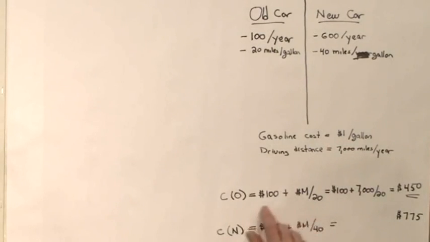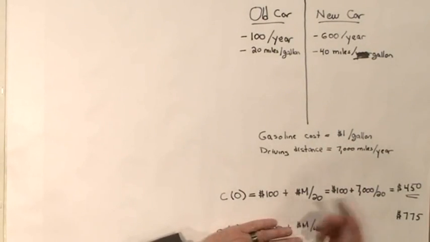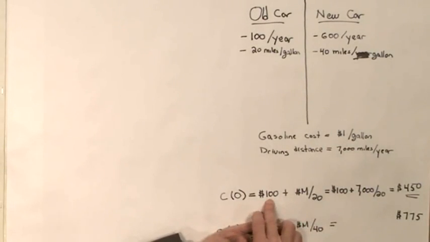So let's calculate the numbers before we move any further. I calculated the numbers here beforehand for you. By the way, we're using gallons, a standard unit of measure in the US, but the answer wouldn't change if you used a different unit. The costs of the old car are straightforward: $100 up front, and then the next cost has to do with the miles you drive.